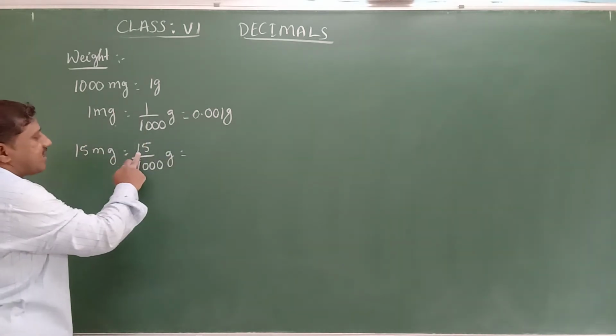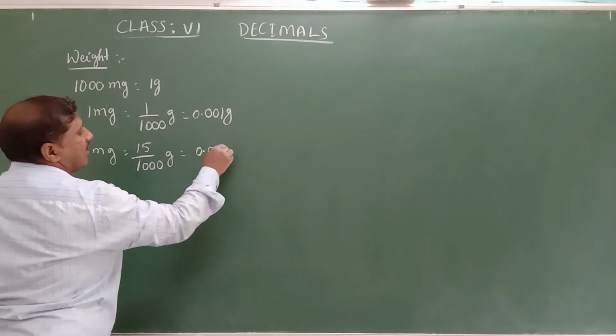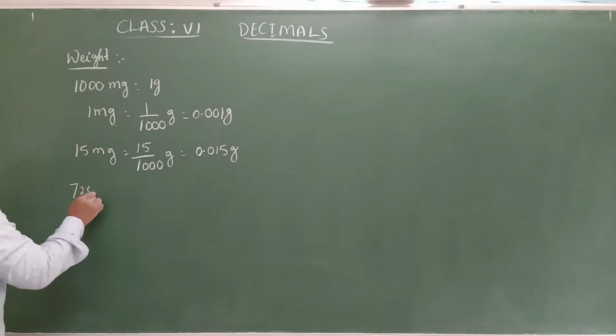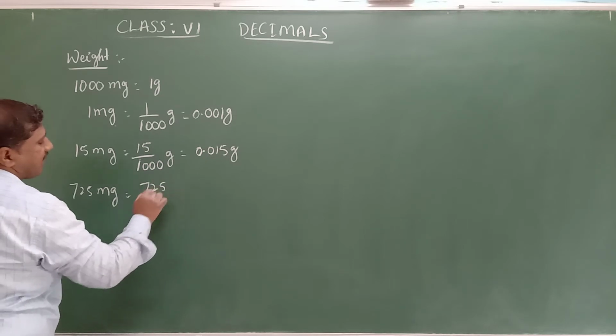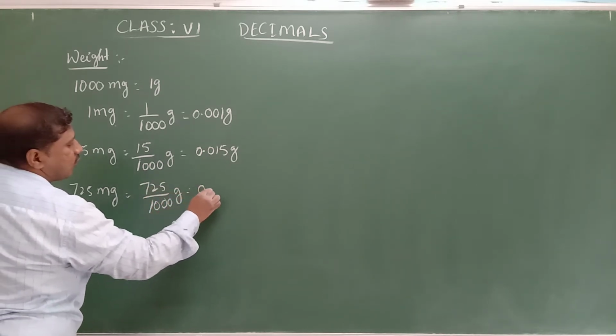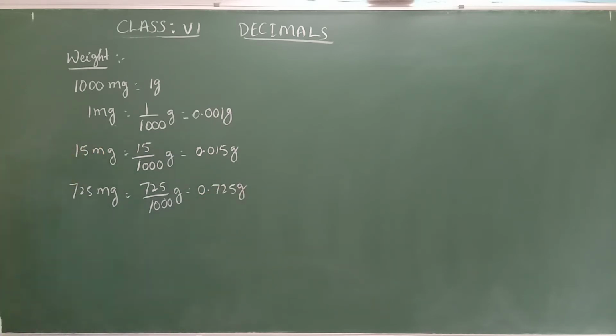Here we have 2 digits, so the third digit will be 0. That is 0.015 grams. Now 725 milligrams is equal to 725 by 1000 grams, so it is 0.725 grams.